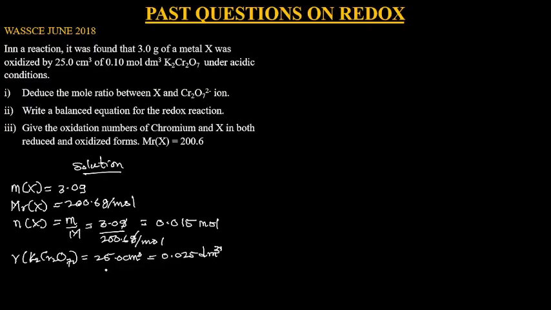So remember to convert your volume to decimeter cube. And how do you do that? You divide through by 1000. And so that is what we did, and we have 0.025 dm³ for the volume of potassium chromate.